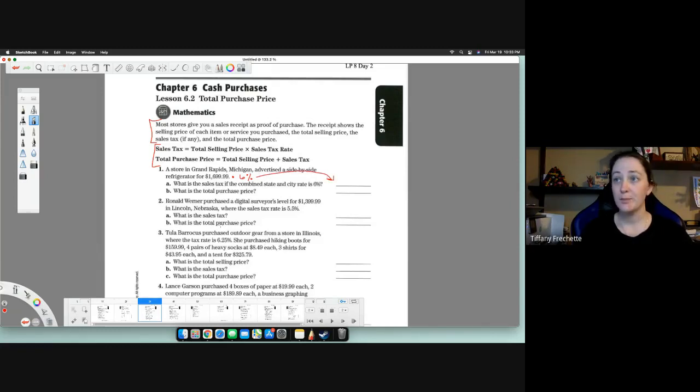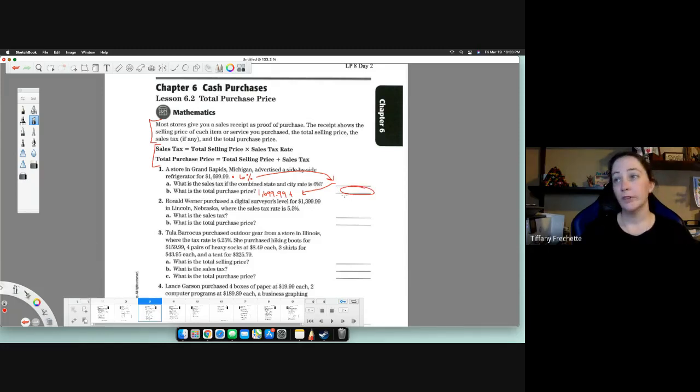That's the first part here. The total purchase price is going to be $1,699.99 plus what we got here. So we bring this down and add them together, and that'll tell us our purchase price.